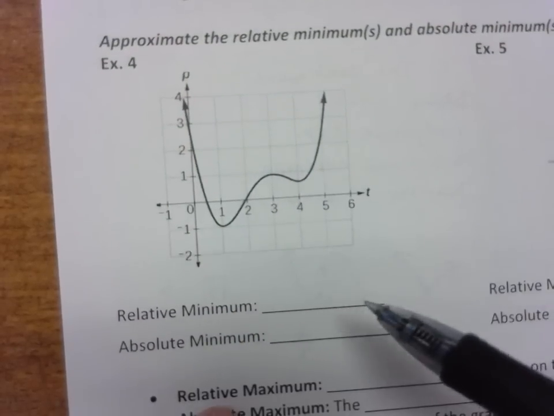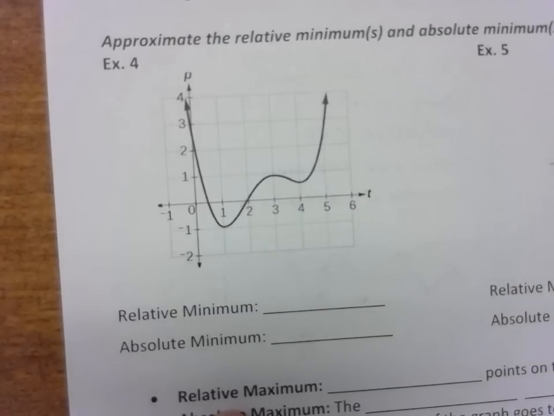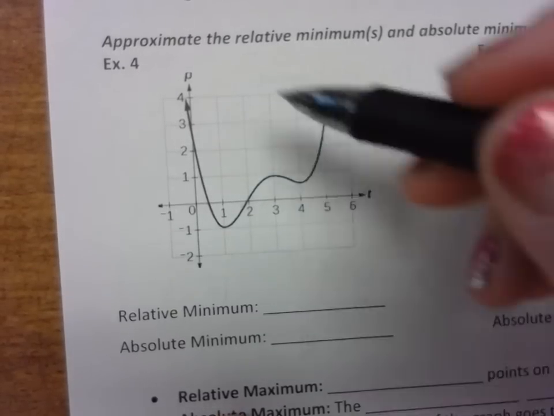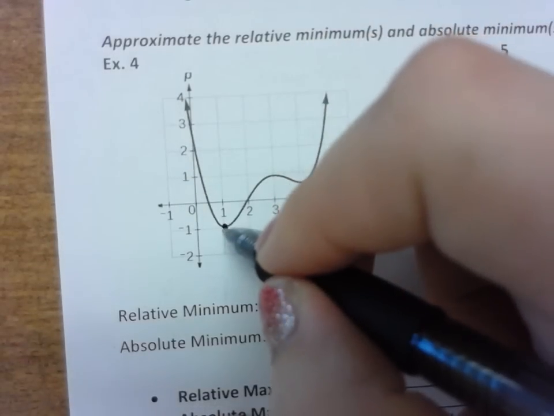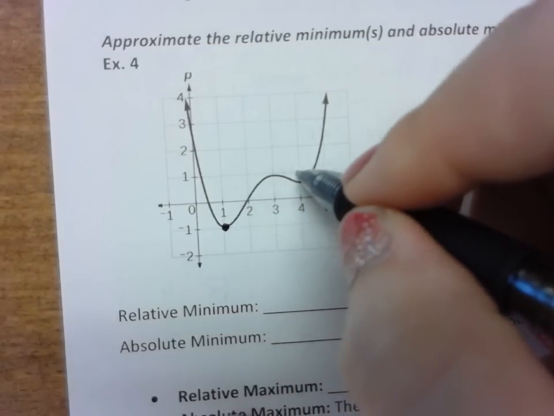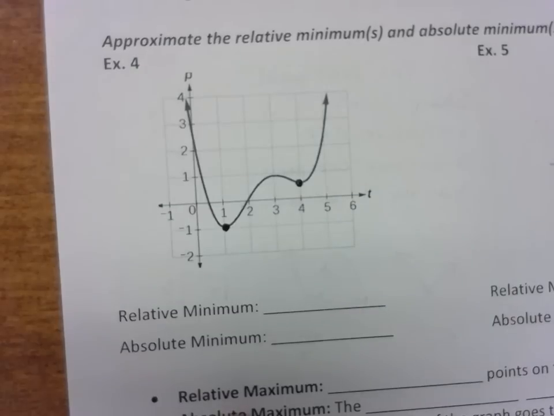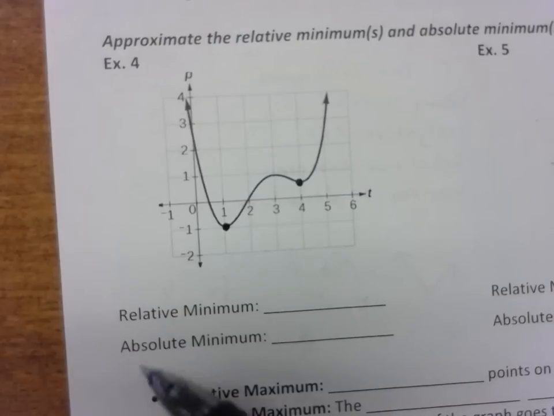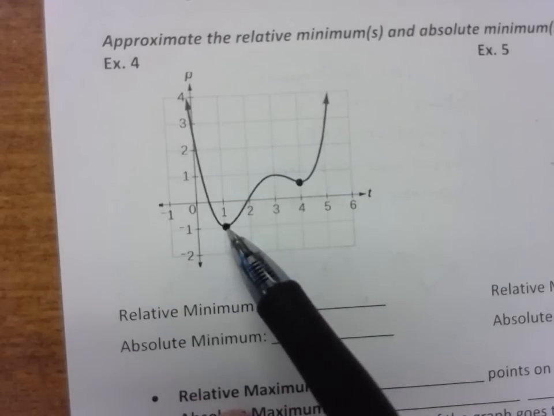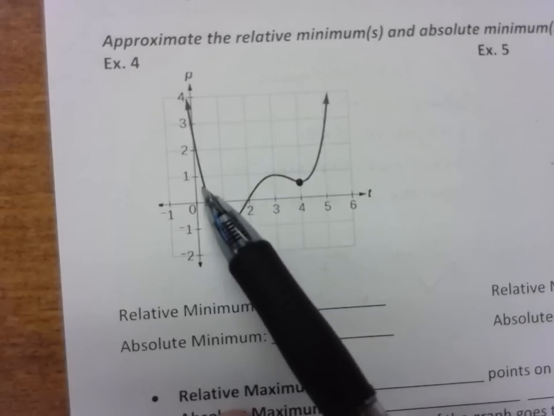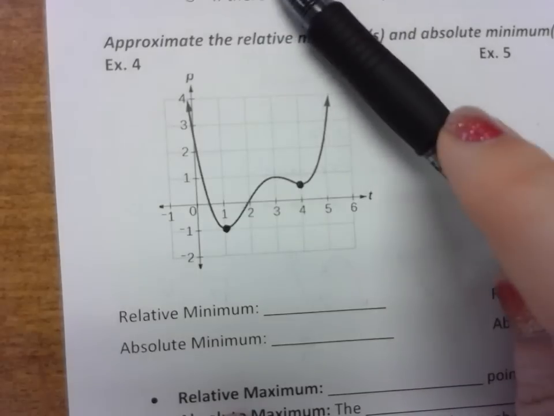So here, let's just think about lowest points, and particularly at turns. Okay, so here's a turn. I've got something going on there. And then here, this point is lower than any of the other points around it. So let's just start with this one. This point right here is relatively lower than everything else, but notice the definition of absolute minimum.